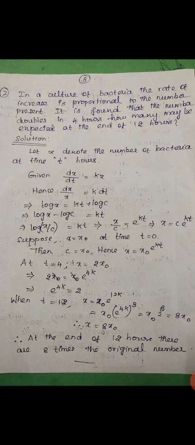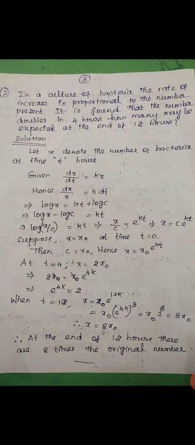In a culture of bacteria, the rate of increase is proportional to the number present.